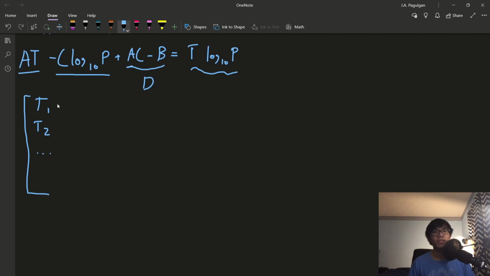Same thing here. We're gonna look at the pressure of what we know. So negative log base 10 of P1, because of that minus, and then it goes on to Pn, just denoting however many there are.